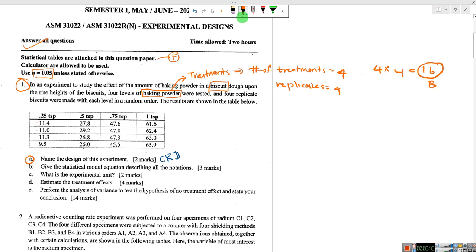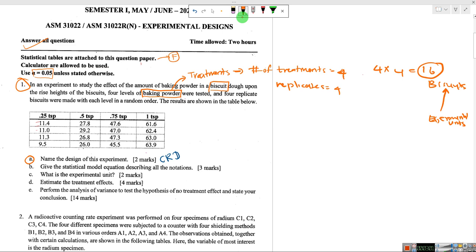We are going to perform this experiment on 16 biscuits. These biscuits are the experimental units, right?